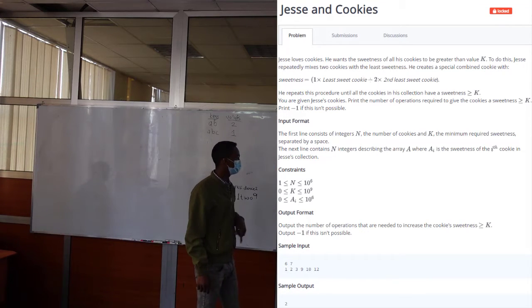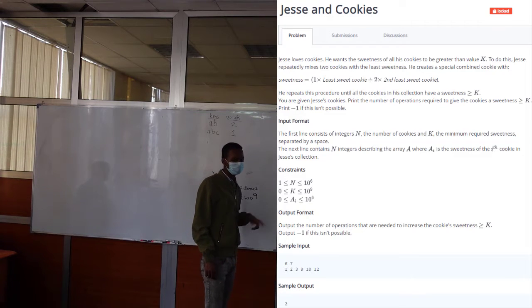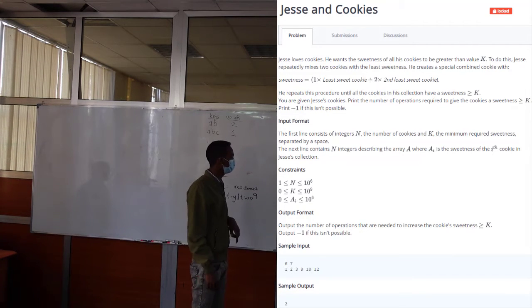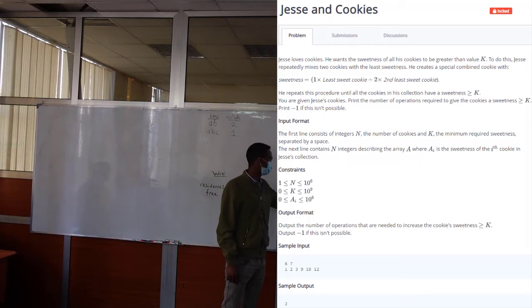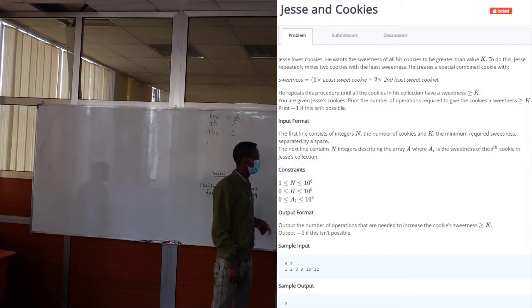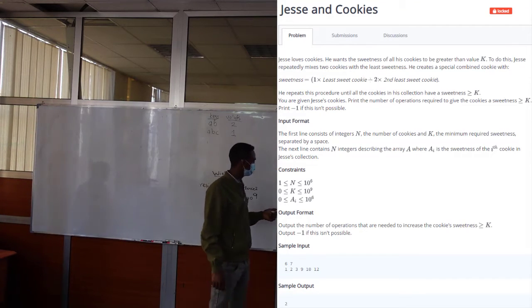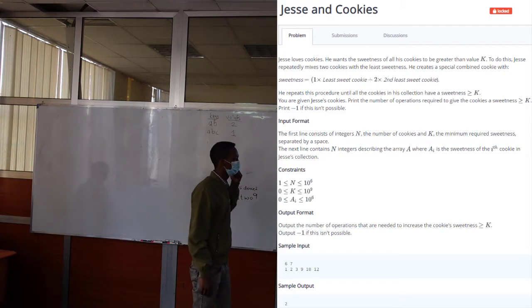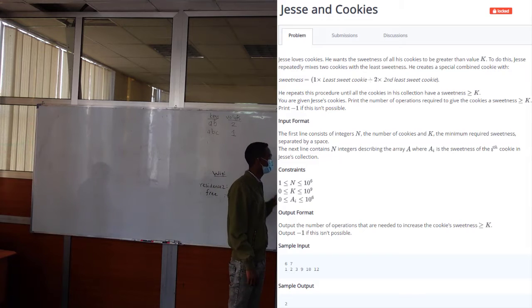He repeats this procedure until all cookies in his collection have a sweetness greater than or equal to k. We are given the cookies in a list, and we are supposed to return the number of operations it would take to make the sweetness of the cookies in the list greater than or equal to the value of k.